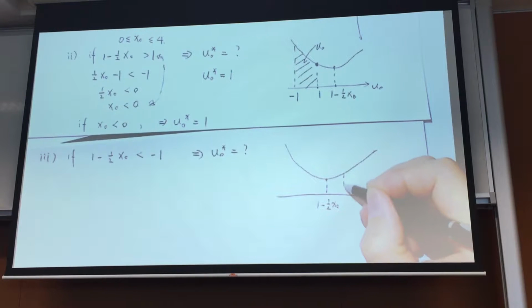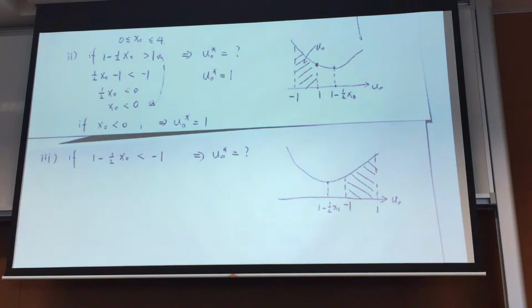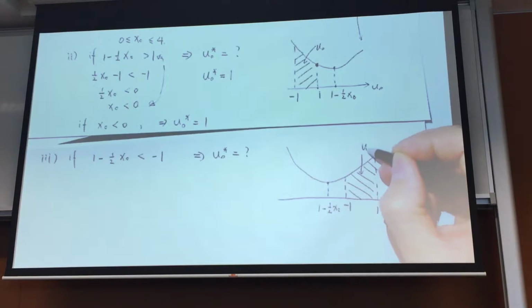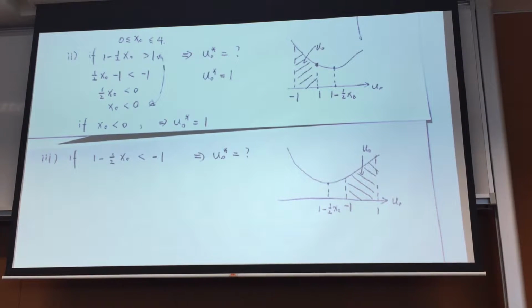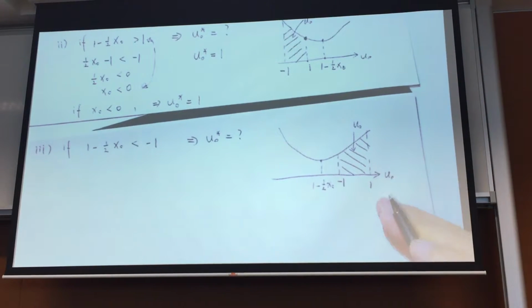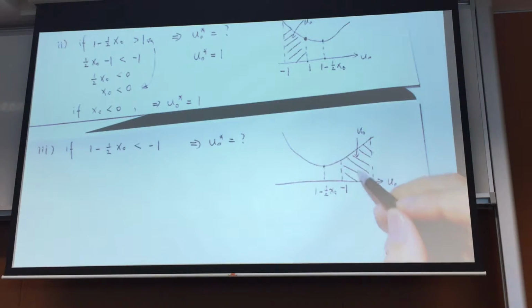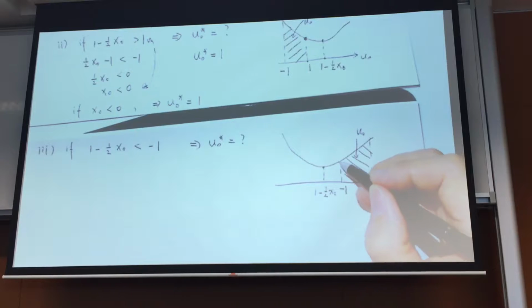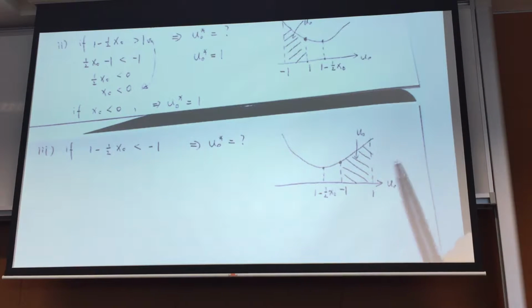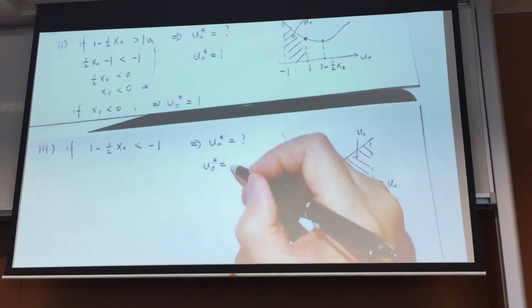So we have our -1 here, and our 1 here. These are the possible range for u0. So the optimal solution will be given by this -1, so we have u0 star equal to -1.